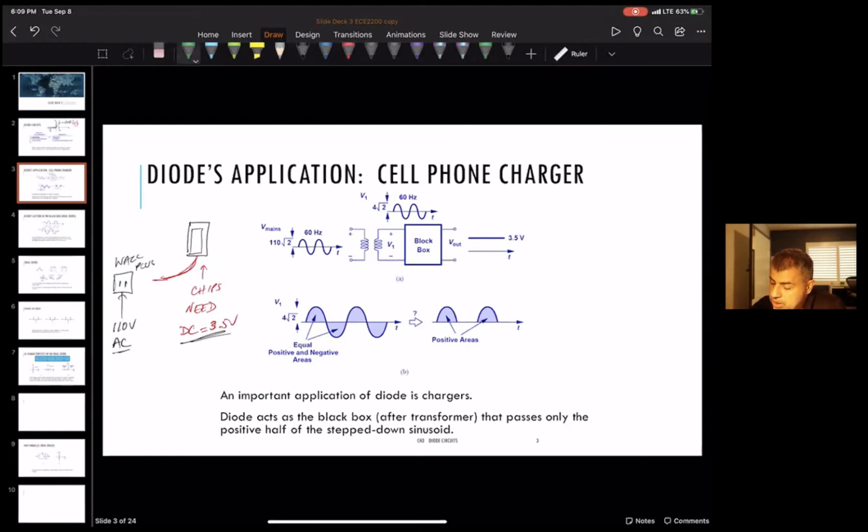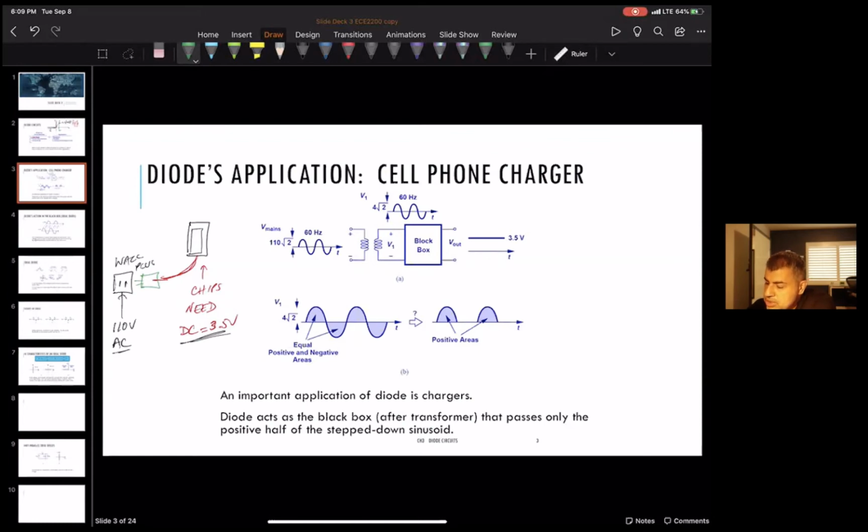So you need to build something in between. This is your charger that you get from Apple or Samsung or whatever your phone is from, that translates that alternating current signal into a DC voltage for your phone or your laptop to charge up.